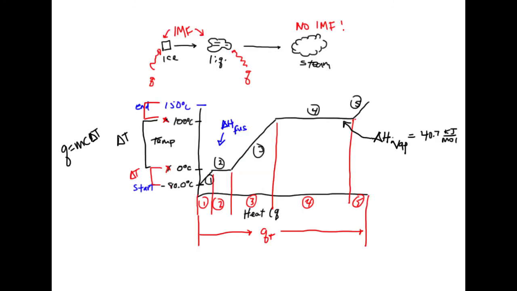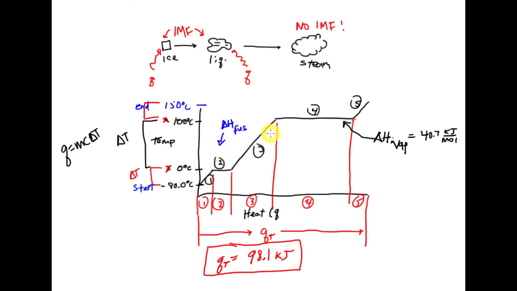This total energy from beginning to end is going to be 98.1 kilojoules of energy. That's what Q total is. So if I want to get water to go from negative 80 all the way up to 150 degrees Celsius, I'm going to have to add this amount of heat to the water.